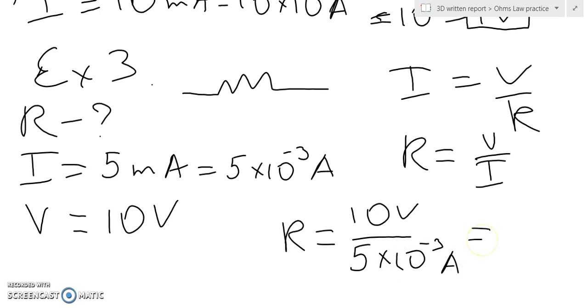Like I told you before, you split up your numbers and your exponents, right? This is 10 over 5 times 1 over 10 to the negative 3.